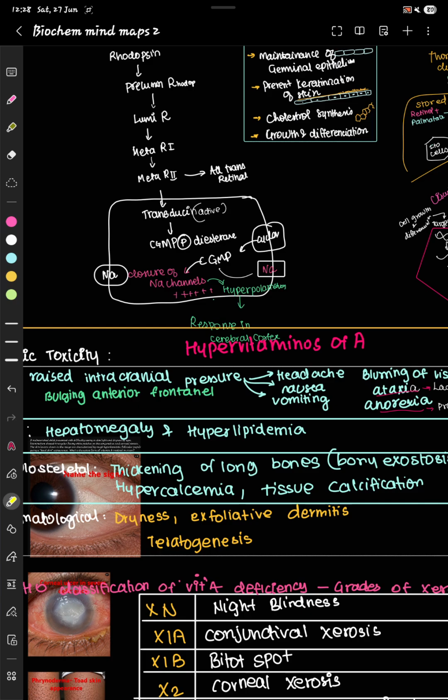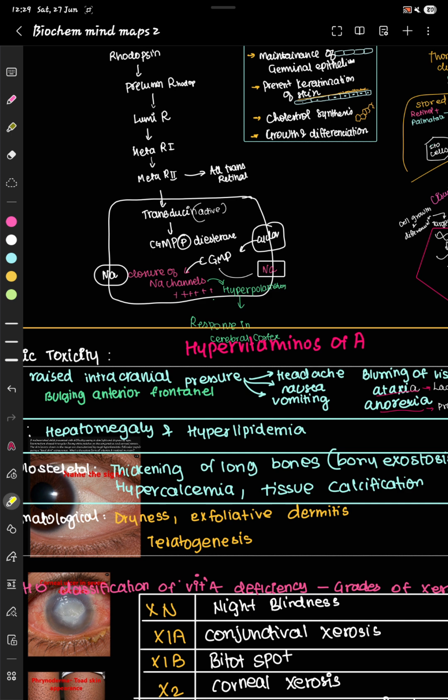Why does hypervitaminosis occur? It is because of parents who are so protective of their children. They give more doses of vitamin A in order to keep their children healthy, but it's actually the opposite. Anything in excess causes disease.